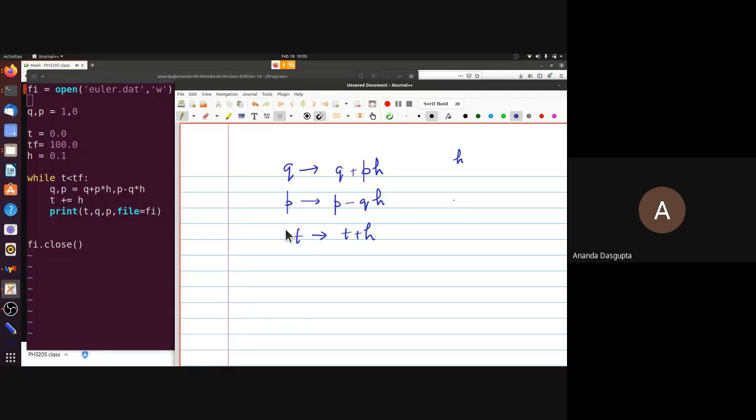So what physical problem are we solving here? Note that we are starting with the value of T, which is 0. We have an H, which is of course a time step here, 0.1. Simple harmonic oscillator. Exactly.